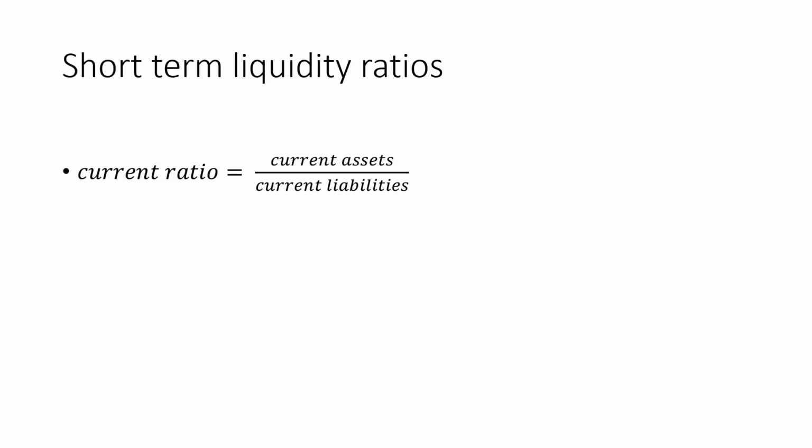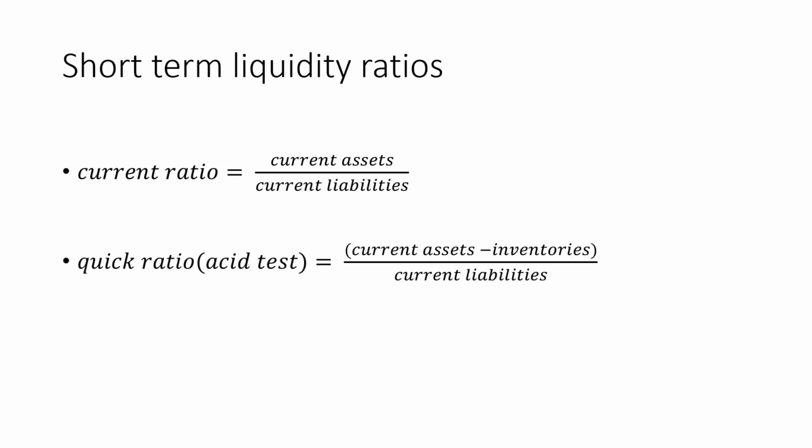And typically it's expected that current assets are greater than current liabilities so that the firm is able to meet its current obligations with the help of its current receivables, whatever they are. So that's called current assets. So it's expected that the current ratio is more than 1. Then there's a quick ratio, which is current assets minus inventories divided by current liabilities. So it's taking the numerator down by the level of inventories.